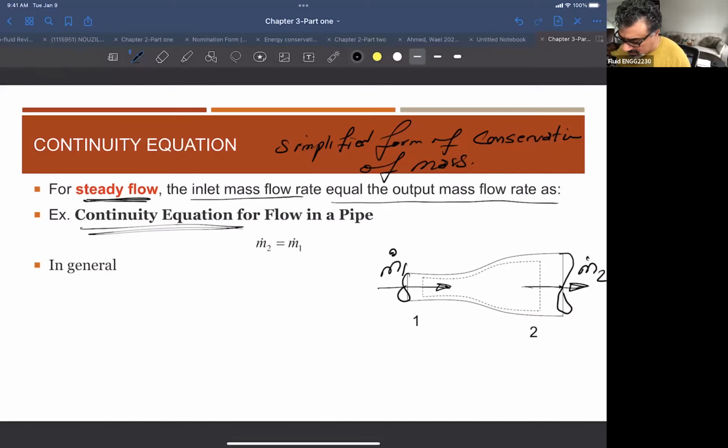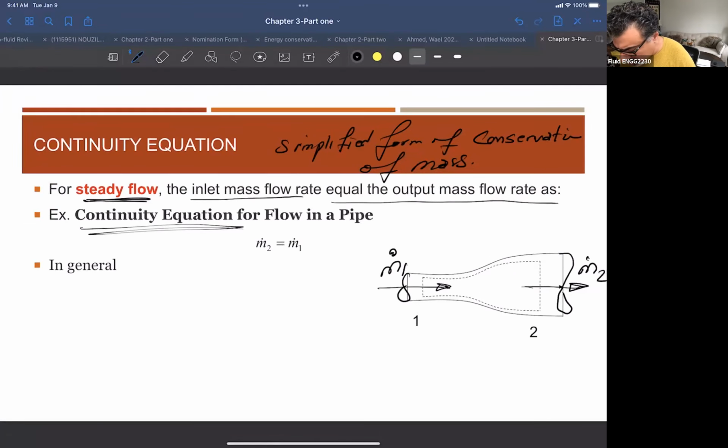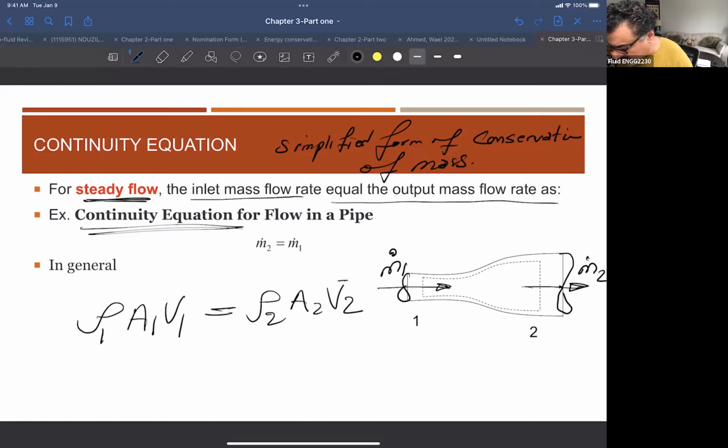What is the mass flow rate at 1? In general, it's rho 1 A1 V1, right? And the mass flow rate at 2 is rho 2 A2 V2, right? And you can say this is the average velocity and this is the total cross-sectional area. This is what we call the continuity equation, okay?